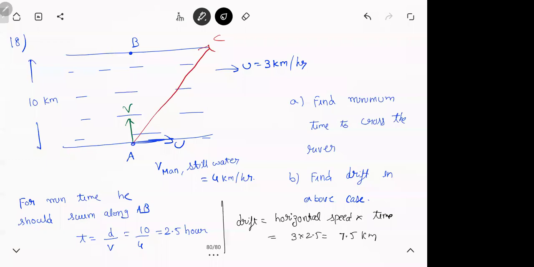Copied. Let's see one more. This is a good one to see. This is a little tougher one. But if you got the process, it is easy to solve.